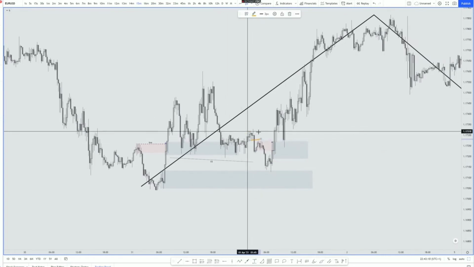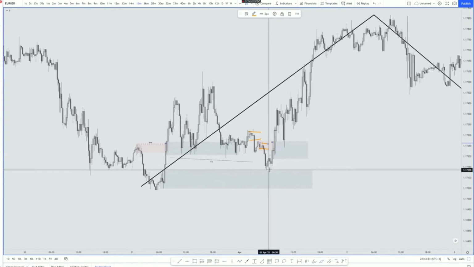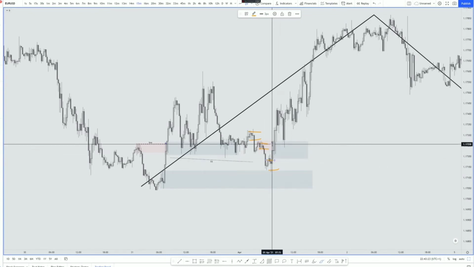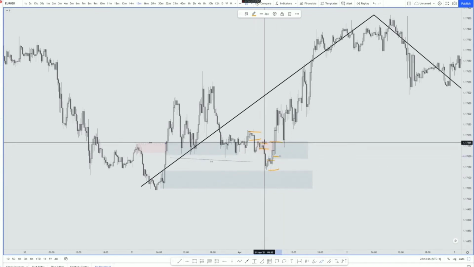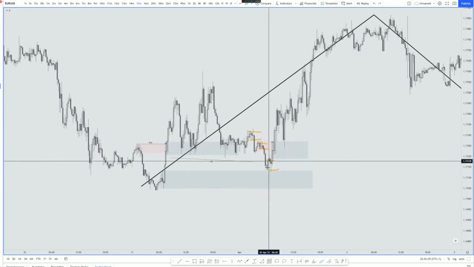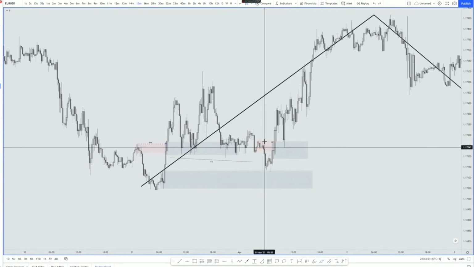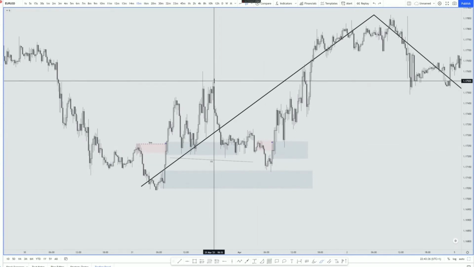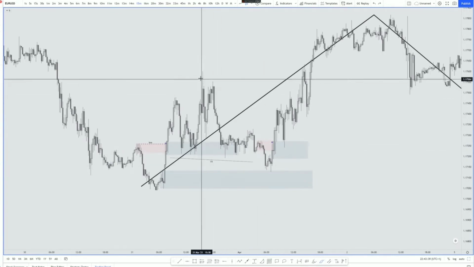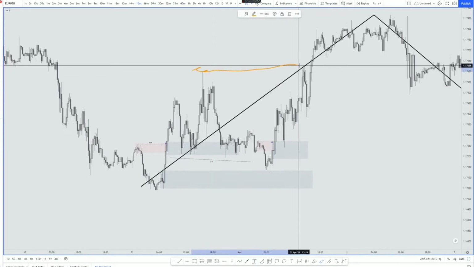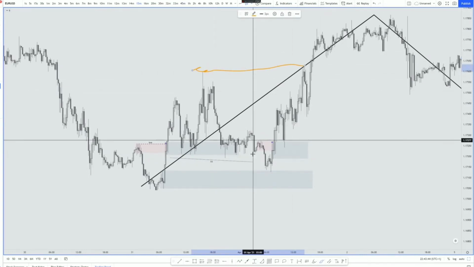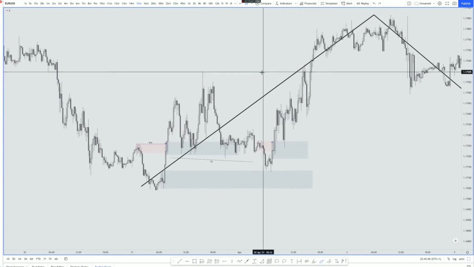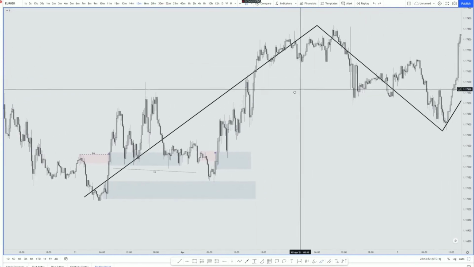What this is: supply's in control here, supply's in control, demand starts taking control but doesn't fully take control till this supply fails. So at this point we can make an assumption that if this supply fails, we can maybe expect the next one to fail. Not necessarily confirmed till this high goes, but once this high goes and we are bullish, we can start creating a trade idea that the trend is likely to continue up.